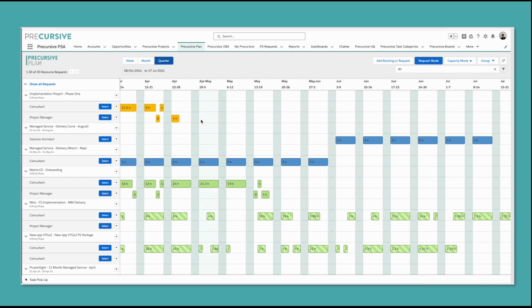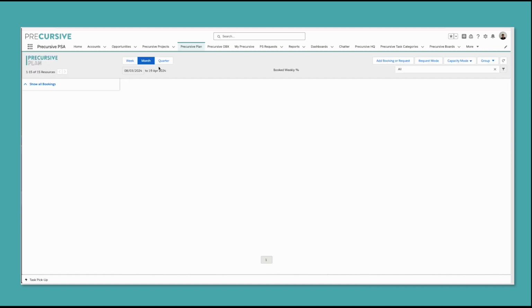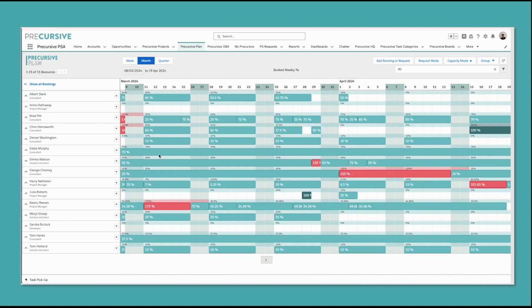Now, in a situation where I've got a heavy backlog, I might be thinking about upskilling a member of the team and doing some internal training in order to create more capacity in our organization to take on more work and get through the backlog. So let me show you how that scenario might be fulfilled.